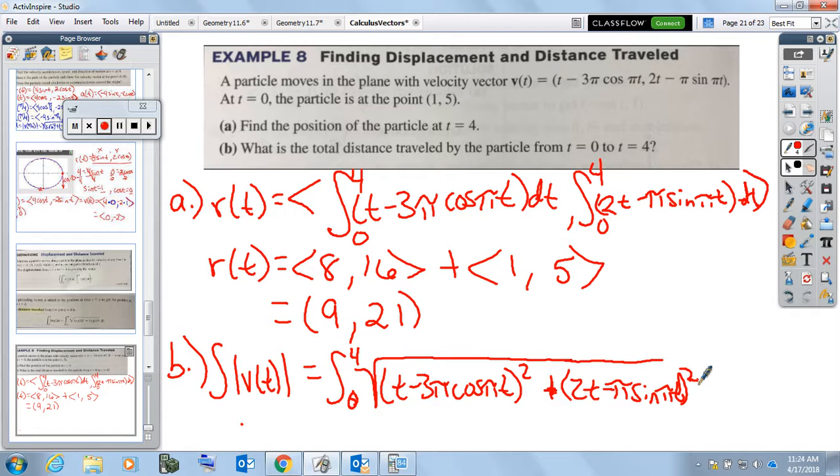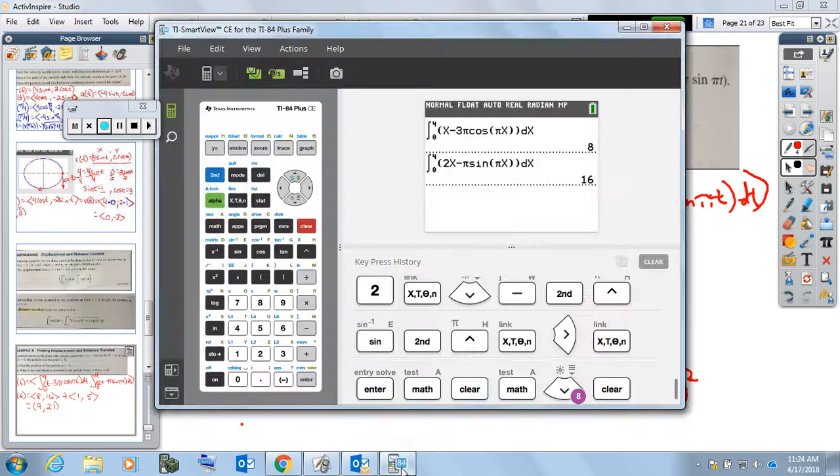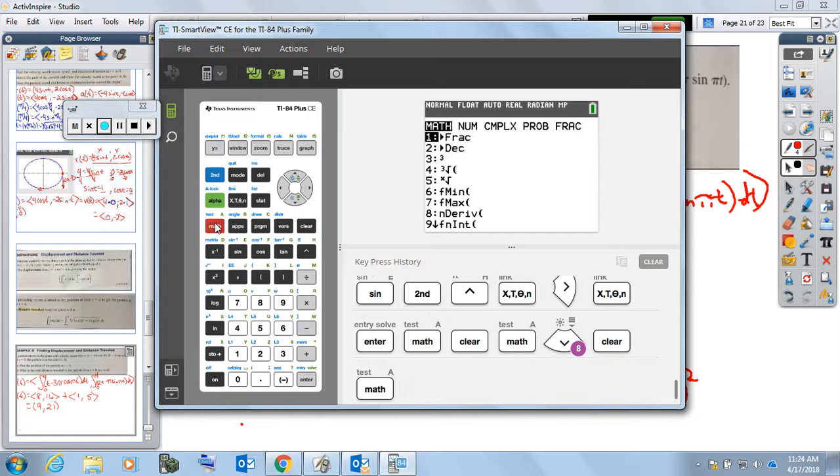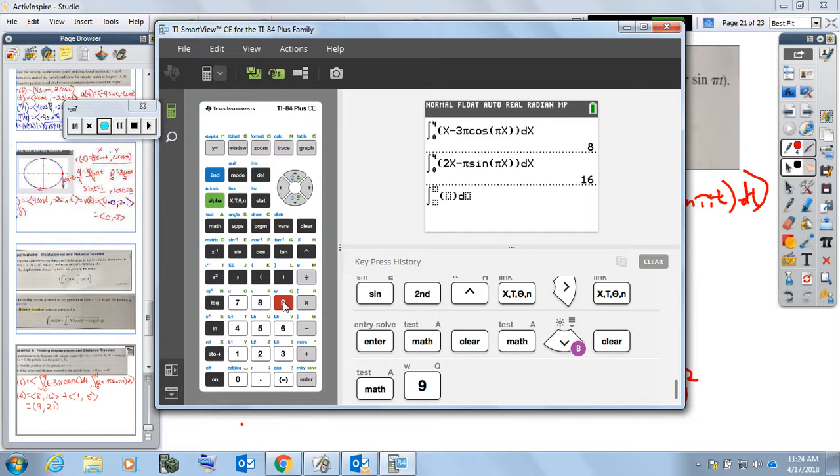Now, I admit, that is an ugly, ugly integral to go ahead and solve for. And so let's focus on the vectors at hand and not take up so much time, and let's have some fun with our calculators. So let's go back up to our TI-84 Plus. Once again, you're going to go to math, hit 9, and that's going to give you your function.